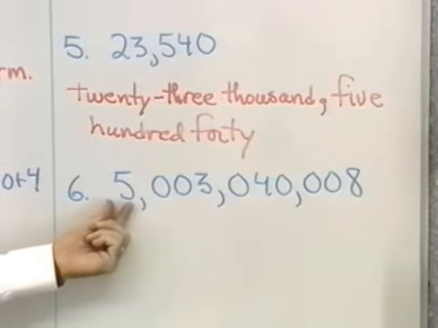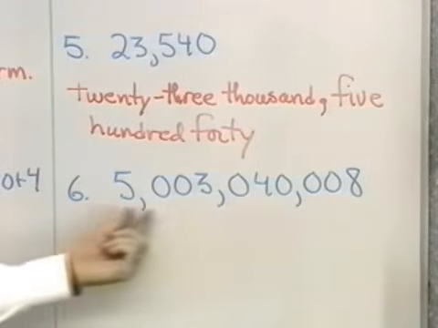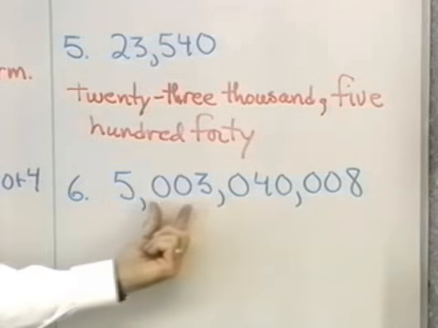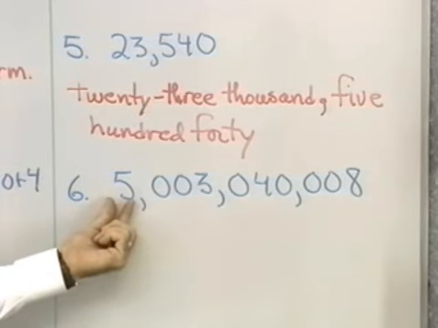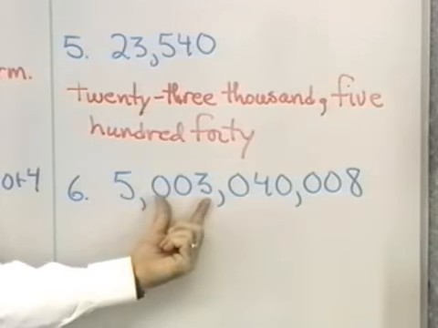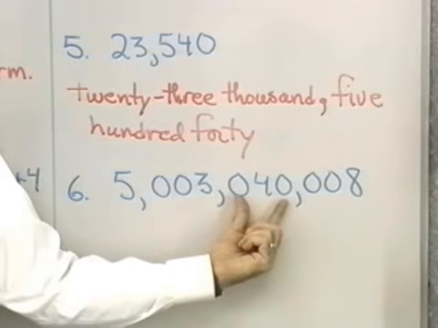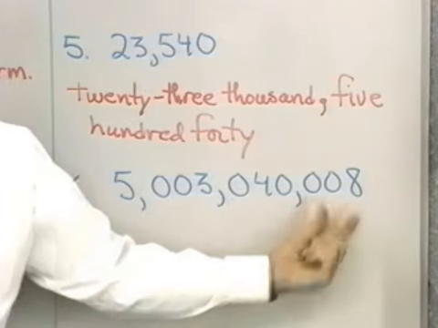Number 6, I have this number right here. Let's see, I have thousands, millions, billions column. So it's going to be 5 billion. Here I have 3 million, here I have 40,000, and here I have 8.